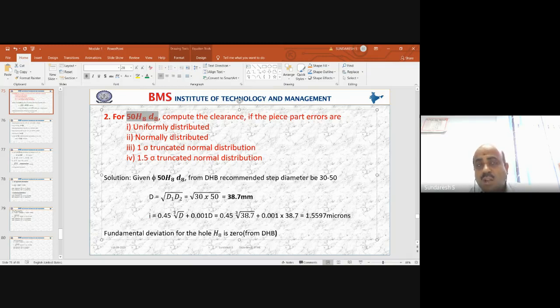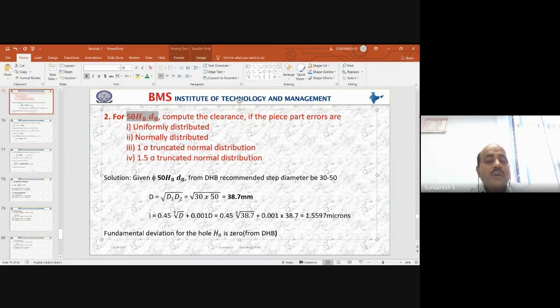So this is a representation of a fit. The first numerical value represents the basic size, followed by the hole indicator, a capital letter, followed by a number representing the tolerance grade, and then followed by the shaft, which will always be represented in a small letter, followed by the tolerance grade.